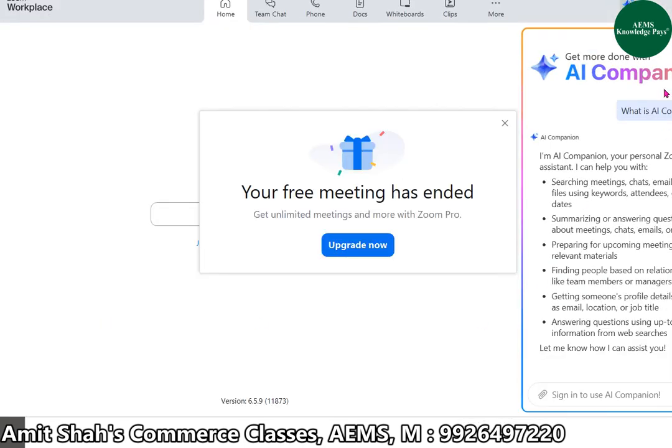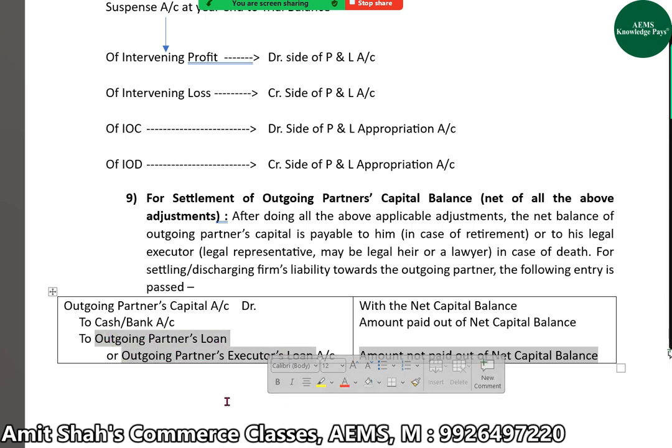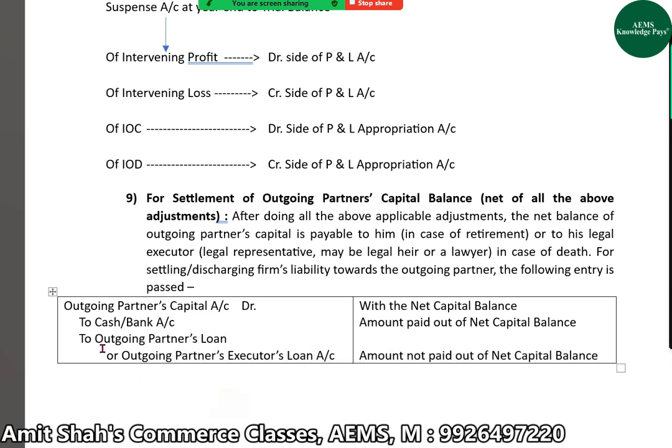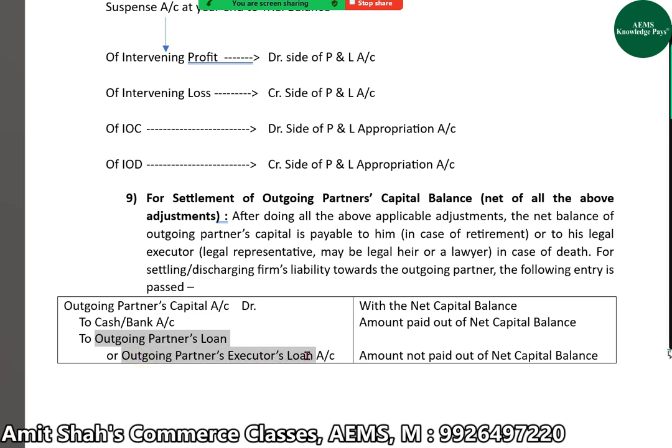So amount that we balance, guys, out of this net capital balance, whatsoever amount is paid, for that we credit cash or bank account, and whatsoever amount is not paid, for that we credit outgoing partner's loan or outgoing partner's executor's loan account. This you will credit in case of retirement, this you will credit in case of death. Am I clear, guys?